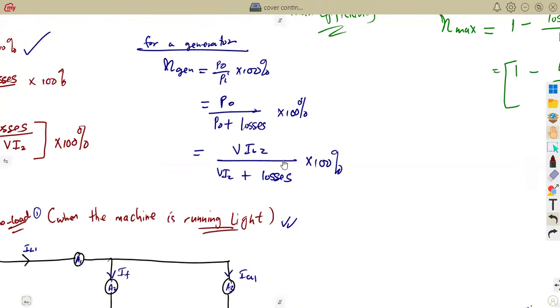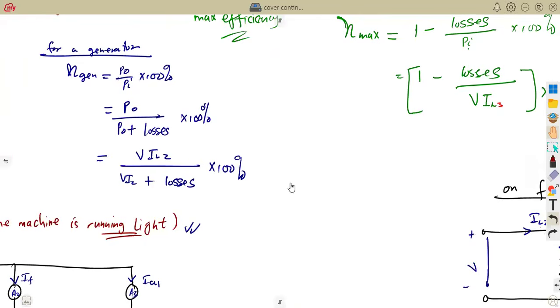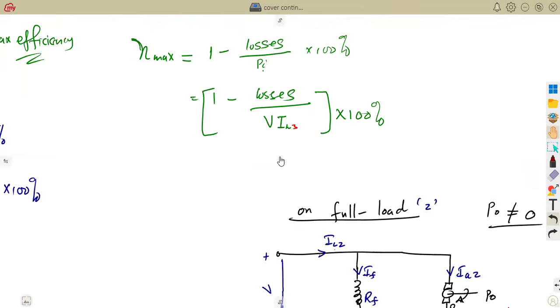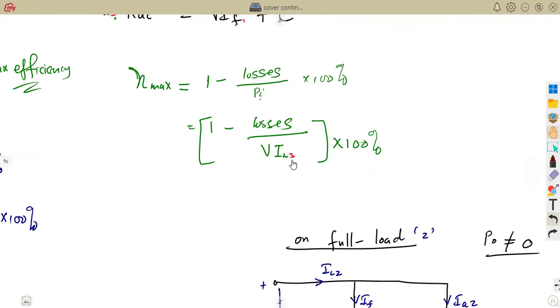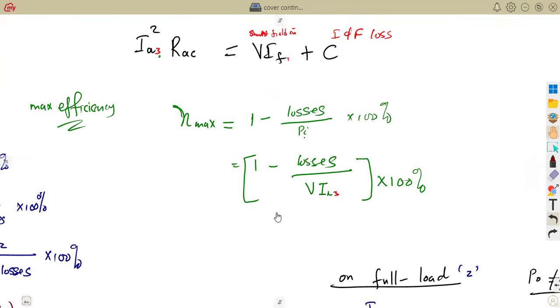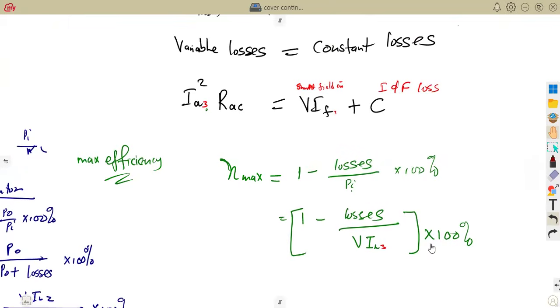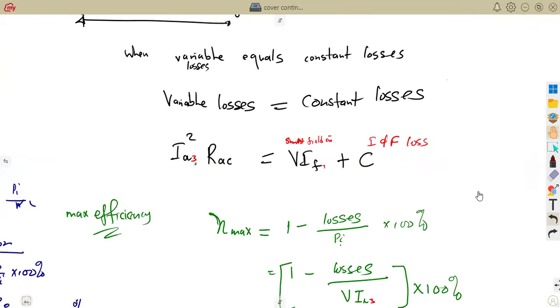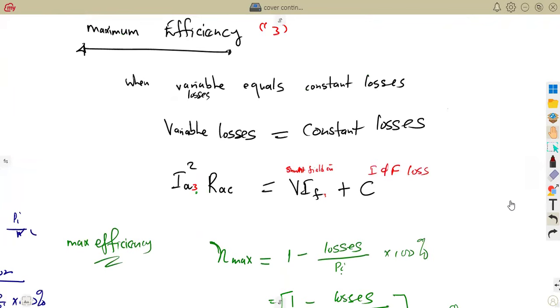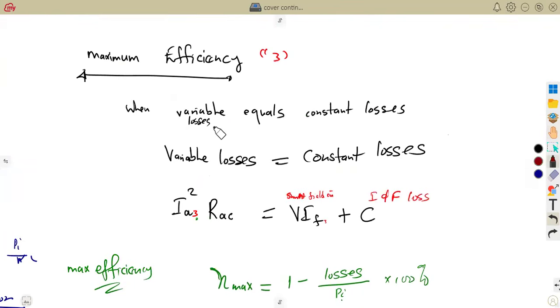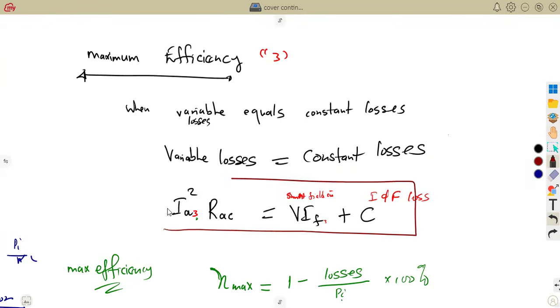All right. Okay, here is where I listed the maximum efficiency and also even how to calculate it. So if you check here about the maximum efficiency, we talked about this one to say for the maximum efficiency, when the variable equals the constant, where we are talking about the variable losses and constant losses being equal, and we ended up with this formula.